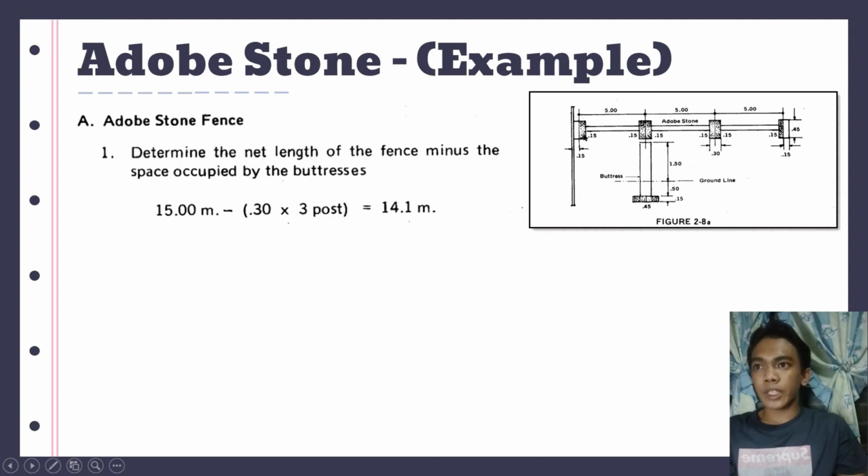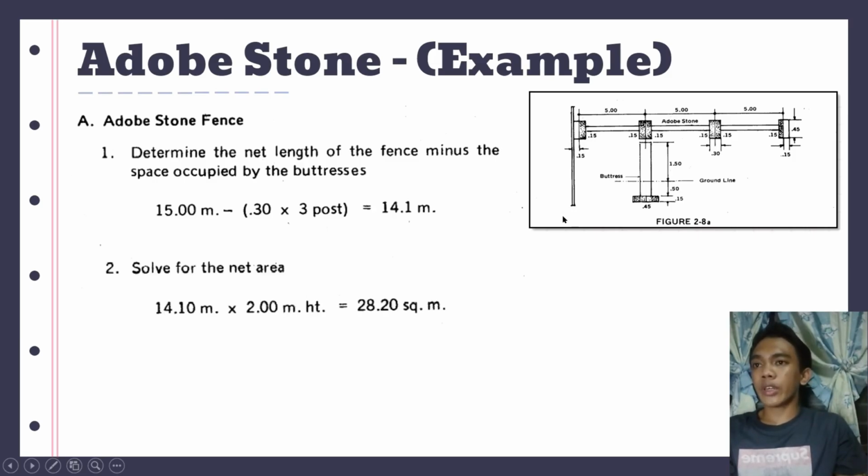Then subtract the portion that is covered by the buttress, which is this portion, this, and this portion. The measurement of the said portion is 0.3. Multiply it by 3 because we have a total of 3 posts. So the total net length of the fence is 14.1 meters.